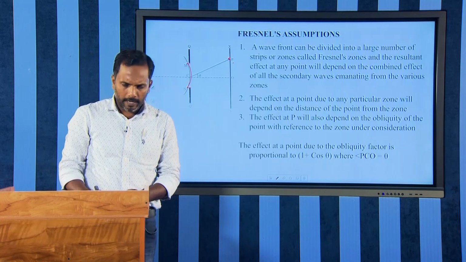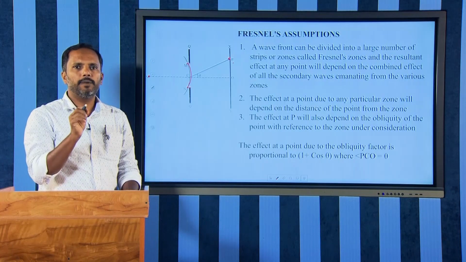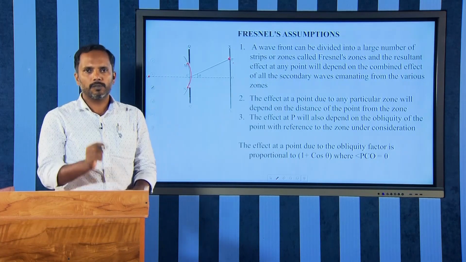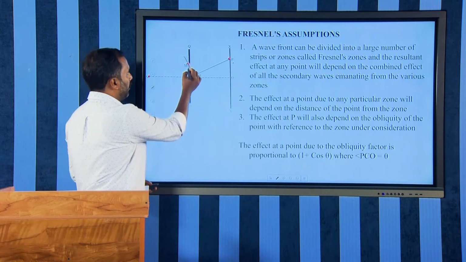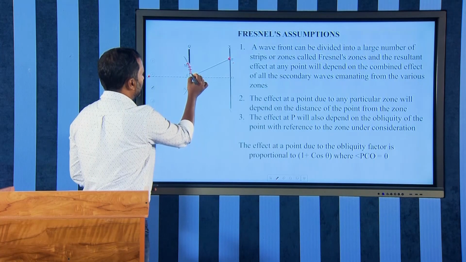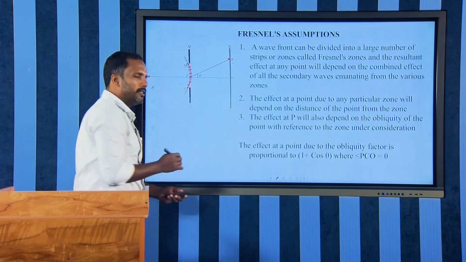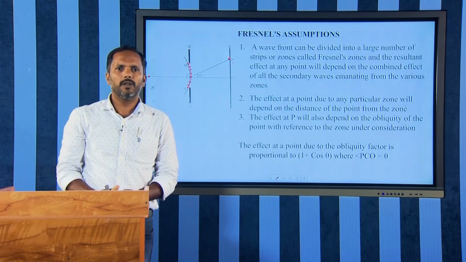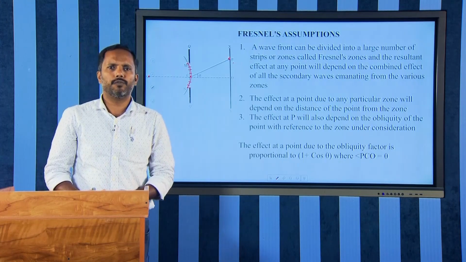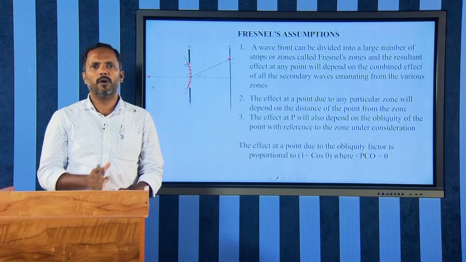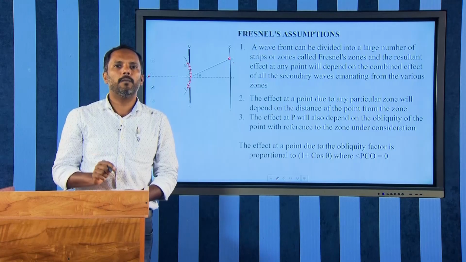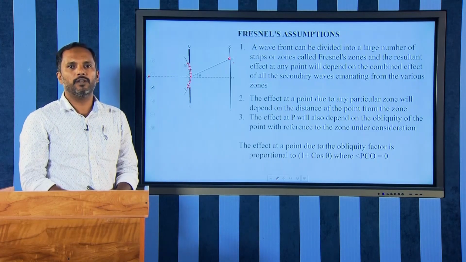Now, what Fresnel assumes is that a wavefront can be divided into a large number of small regions or small strips, like this I am considering small regions. Each wavefront is considered as very small regions or strips, and you can see this as a zone, and these zones are called Fresnel zones, and it is of very small area, and the resultant effect at any point will depend on the combined effect of the secondary waves emanating from the various zones.